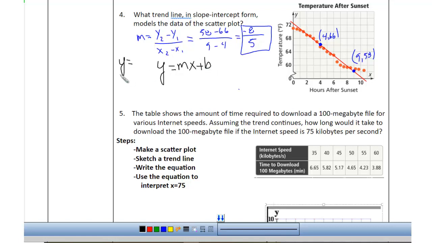We'll identify our known quantities. I just found slope, it's negative 8/5. I'm going to pick one of these points, and I'm going to take the smaller, easier numbers to work with: 4 and 66. There's my x and my y. And then we'll substitute.